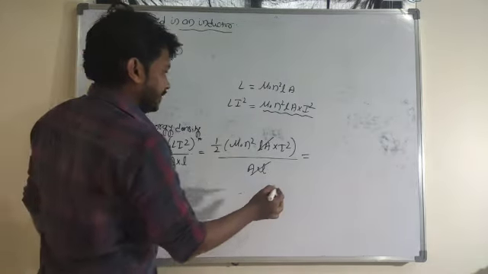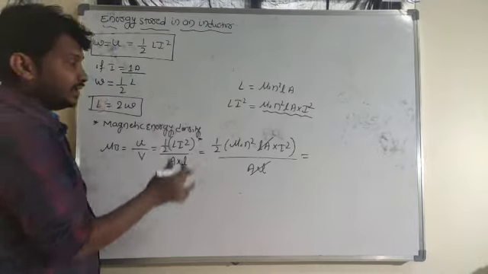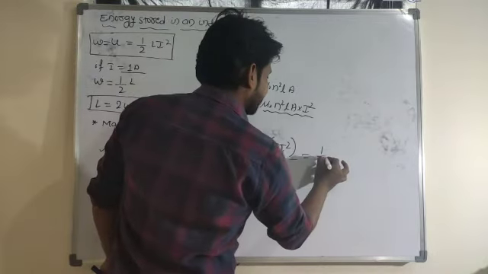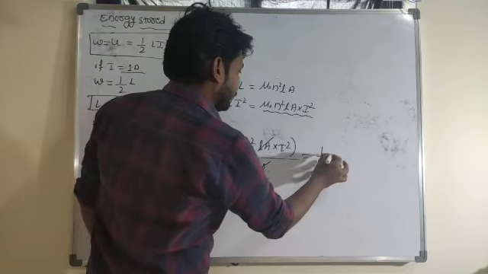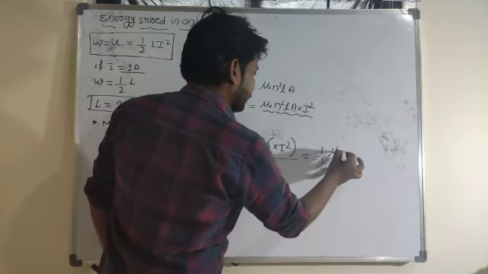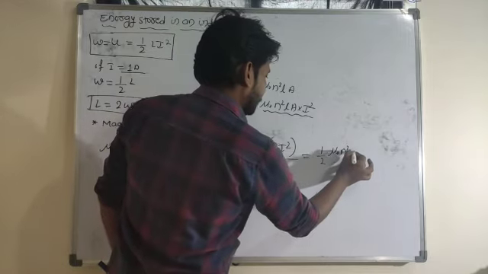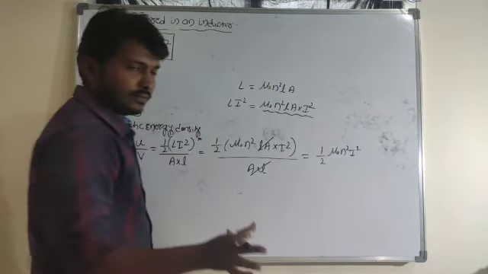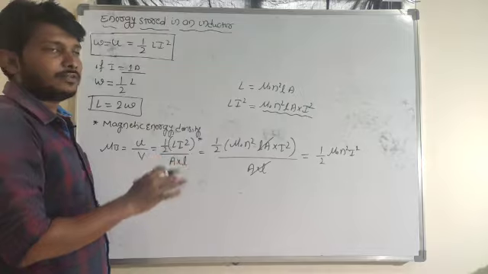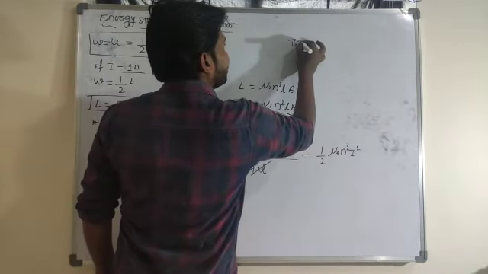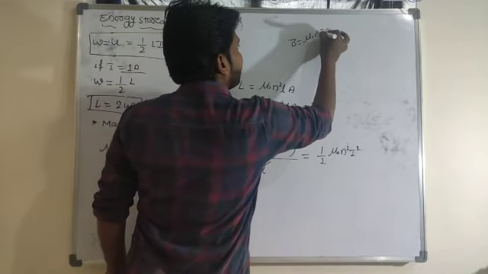Finally I got the expression for magnetic energy density. That is half of mu naught n squared into I squared. In terms of magnetic field strength I can rewrite. What is the expression for magnetic field inside this solenoid?